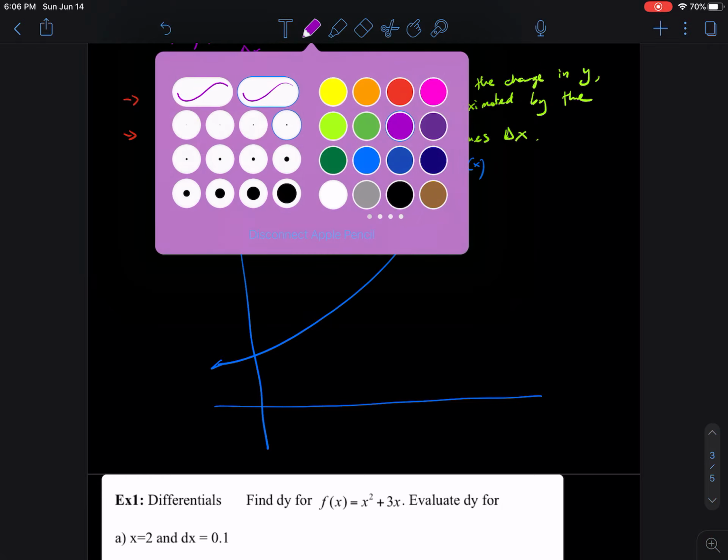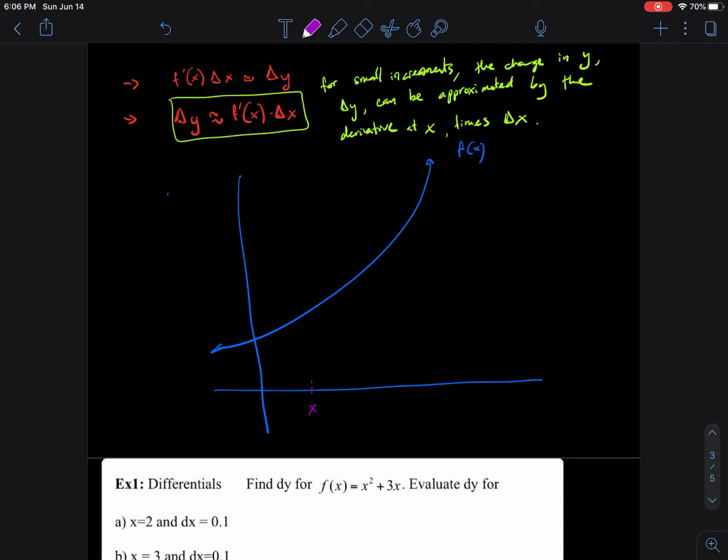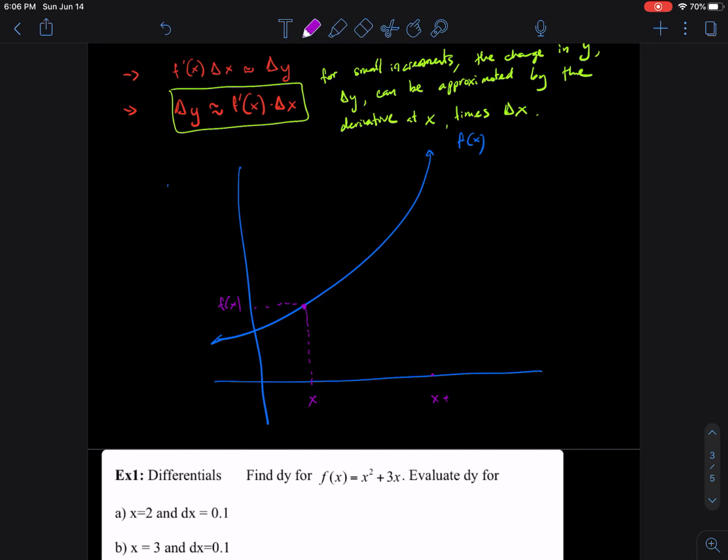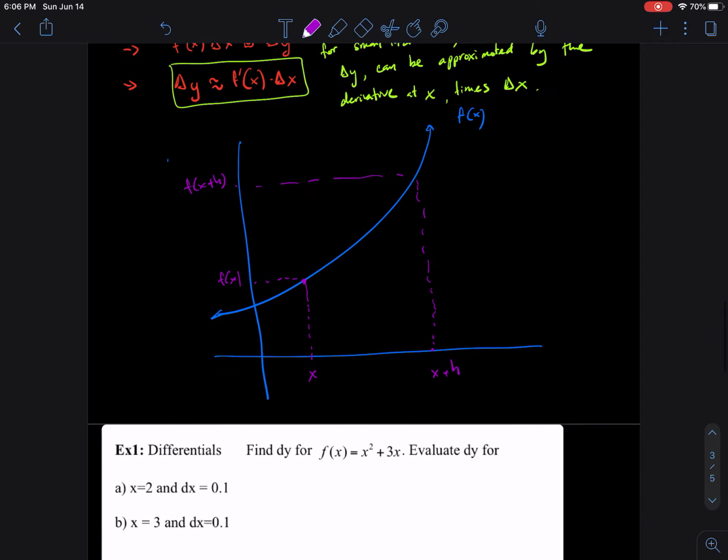Here is my x, and here is my f of x, and here is my x plus h. Then up here is my f of x plus h. Then the increment, or the delta x, is this here, which is h. So that distance there is delta x.